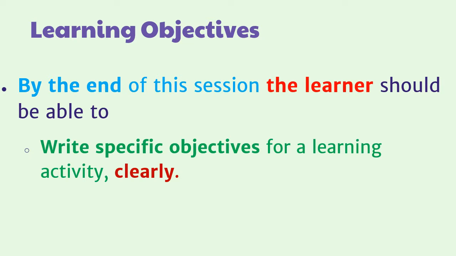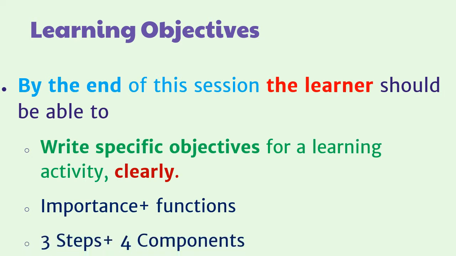And this will be through showing you what is the importance and what are the functions of the specific objectives, and knowing that to create well-written specific objectives we have to pass through 3 steps, and the well-written specific objectives have 4 components.